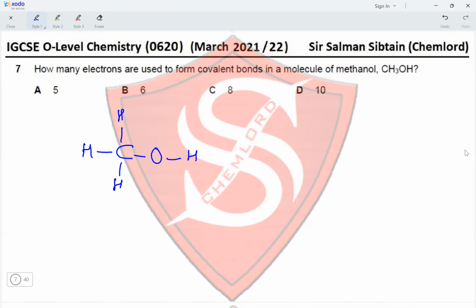And the question is asking how many electrons are used to form the covalent bonds in the molecule. So in total, we would have 2, 4, 6, 8, and 10 electrons forming 5 different covalent bonds in the molecule of methanol, making option D the correct option for this question.